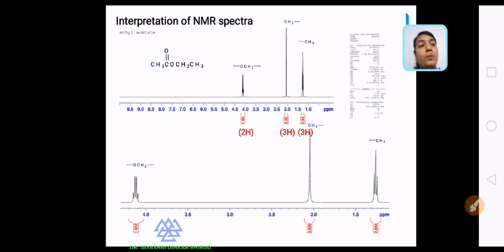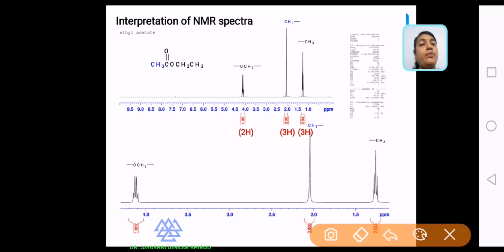Let us now discuss how to analyze the NMR spectra. The first example is ethyl acetate, which means CH3, C double bond O, O, CH2, CH3. First of all, we discuss how many signals we obtain.